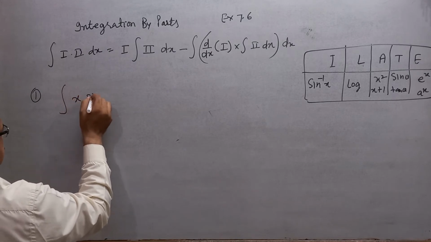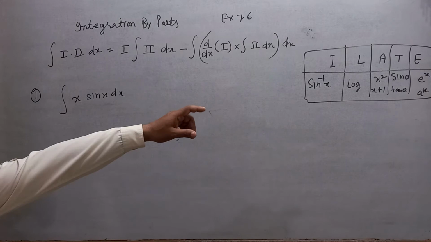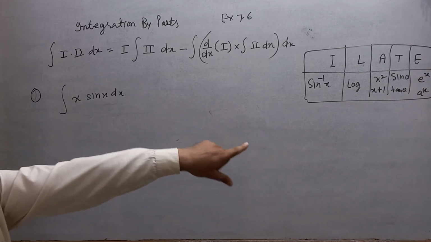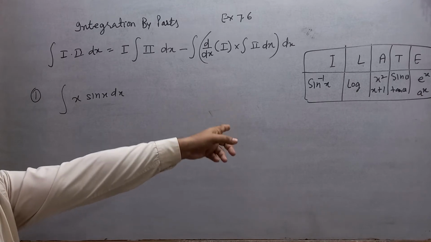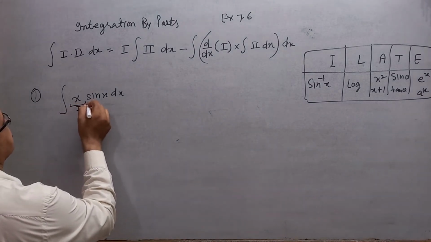Now I solve a question. Integration x sin x dx. According to that, x is an algebraic function and sin is a trigonometric function. Algebraic function is first, so choose this as first and this as second.